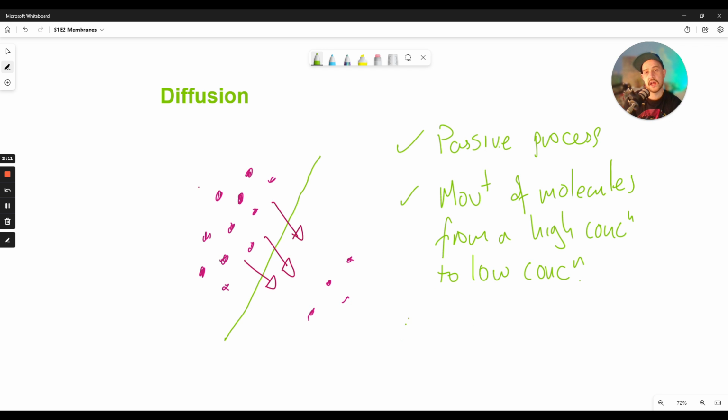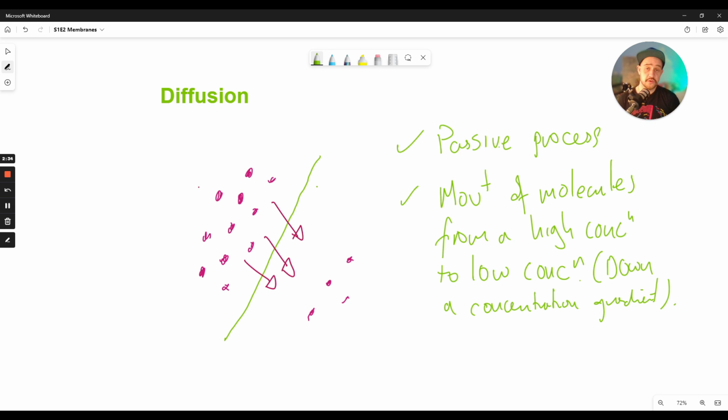Okay. We say that it's down a concentration gradient. Okay, so you might see this written down a lot. It's down a concentration gradient. Okay, imagine a high concentration is at the top of the hill and a low concentration is at the bottom of the hill. And the greater the difference, the steeper the hill, the faster the diffusion is going to occur.